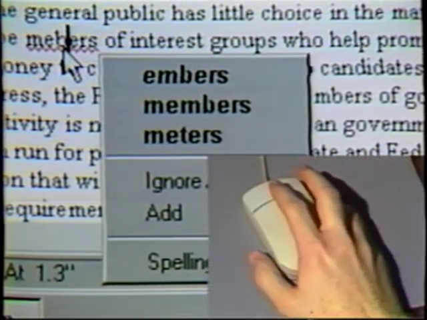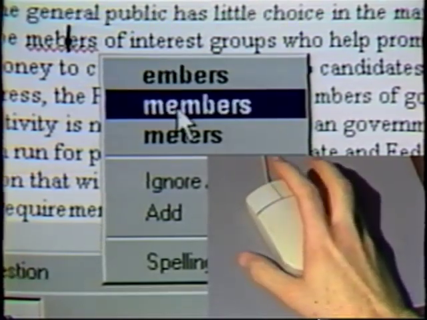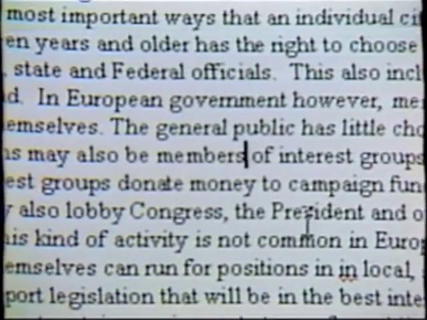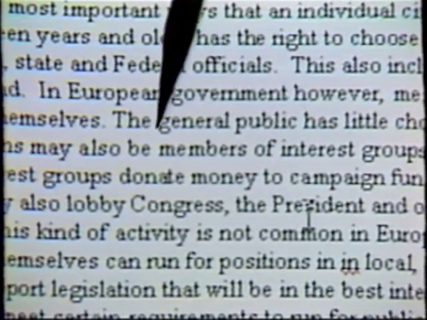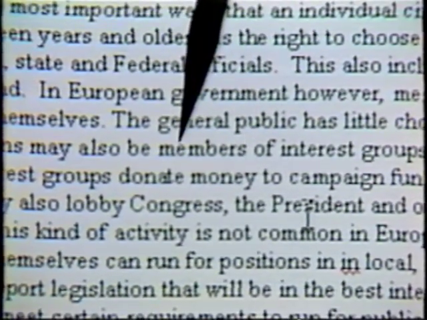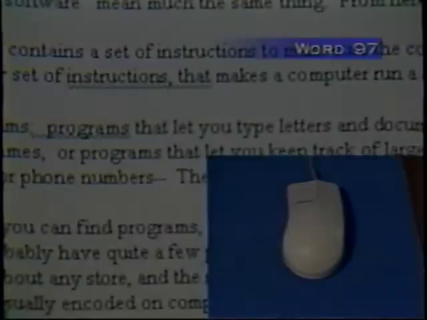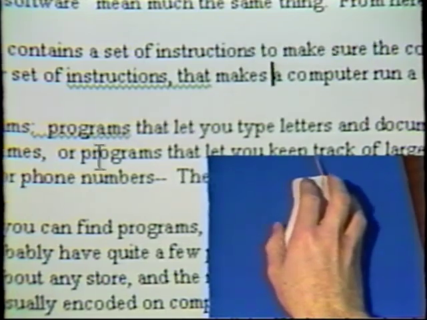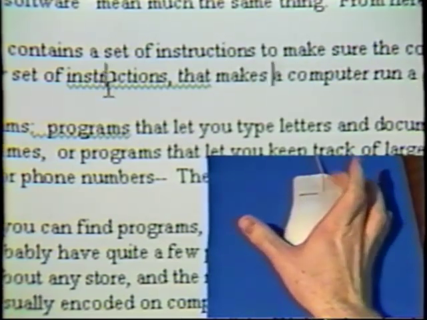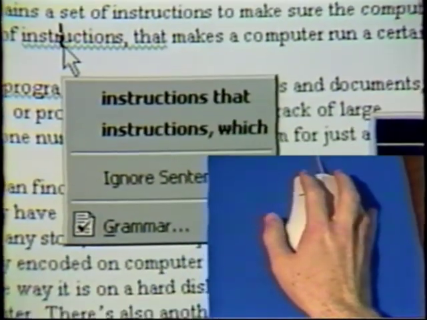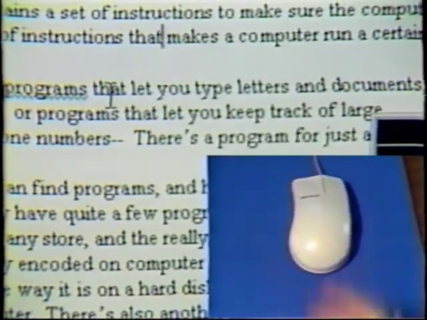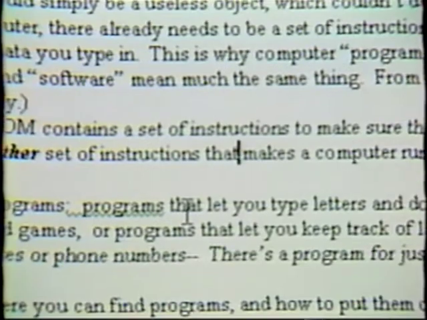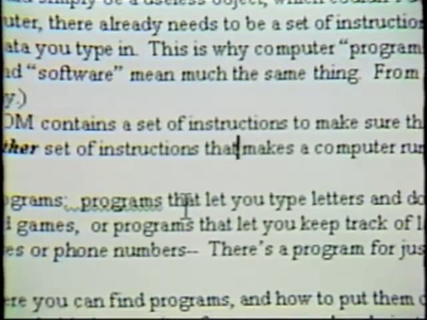If you do want to use one of the suggestions, click on the one you want, and it will automatically replace the mistake in your document. In Word 97, grammar checking works the same way. Just right-click on an entry with a wavy green line, then click on the selection you want. The change is automatically made.